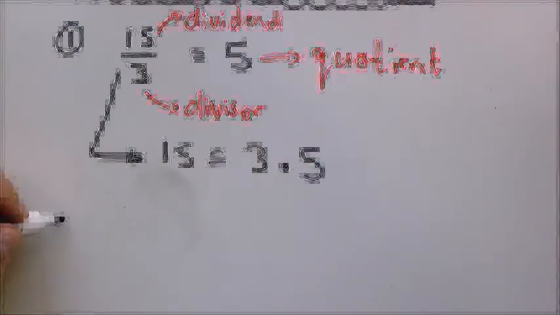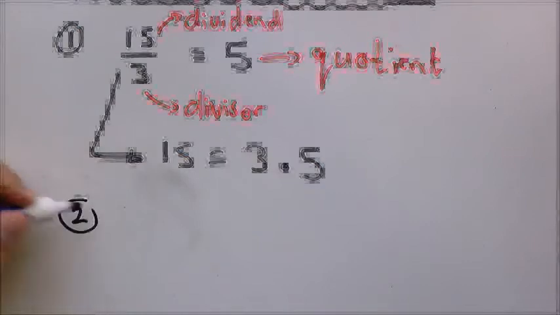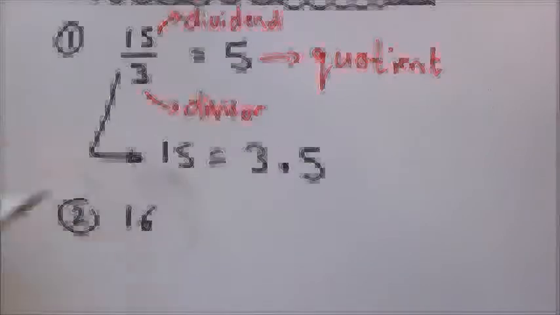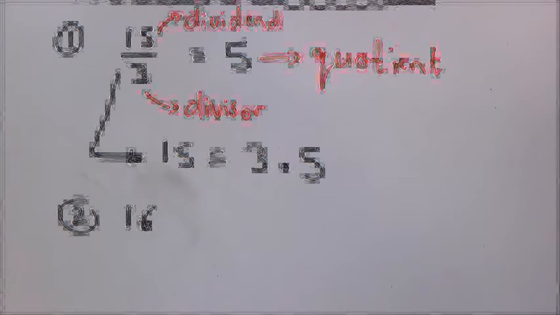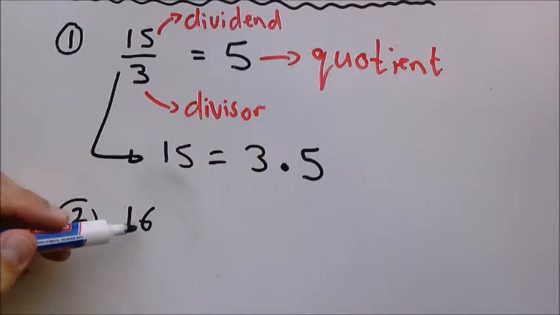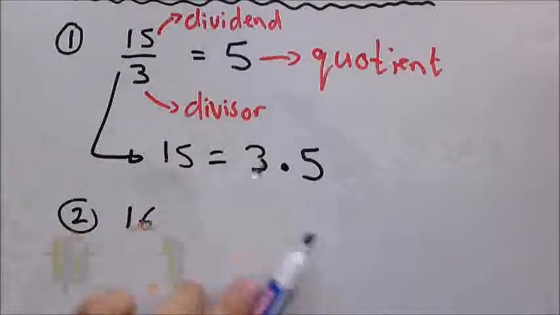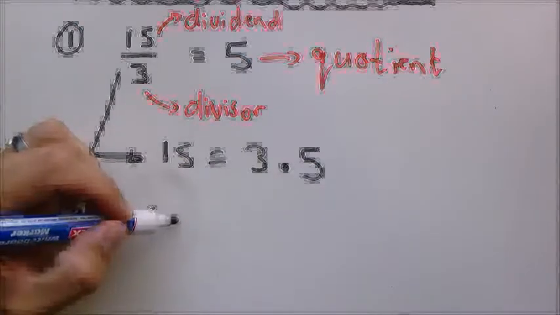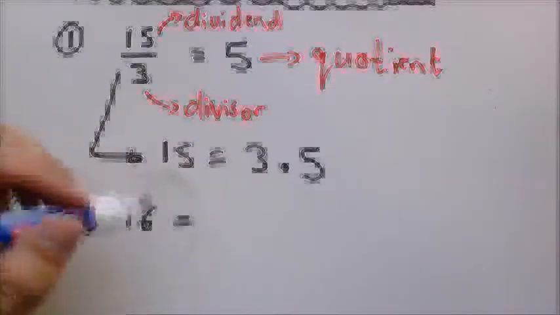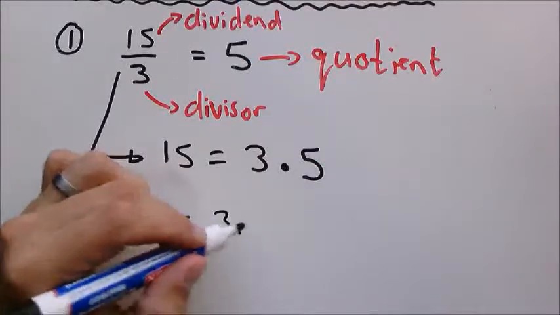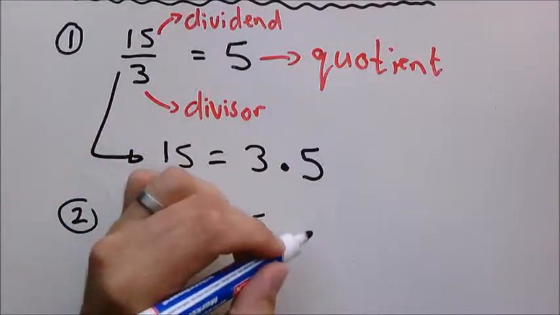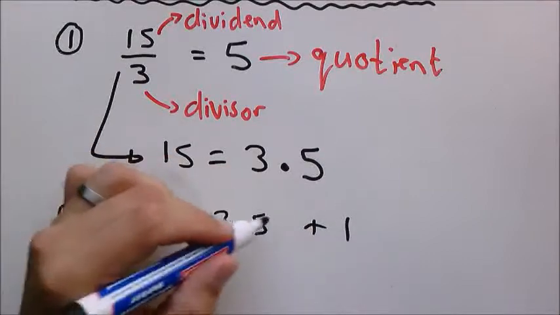For number 2, let's say we have something like 16. And you will agree with me that 16, if we divide by 3, is going to be like 5.3 repetitive, right? But if we want to stick to the same format, we can divide 16 up as follows. We can say 16 is 3 times 5 plus 1.